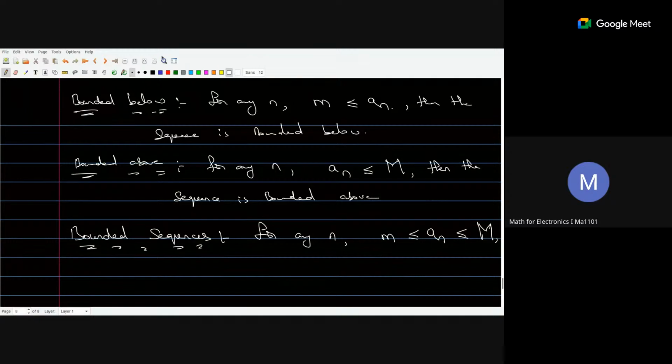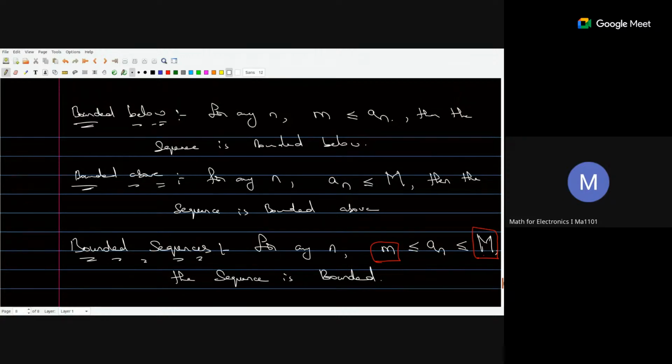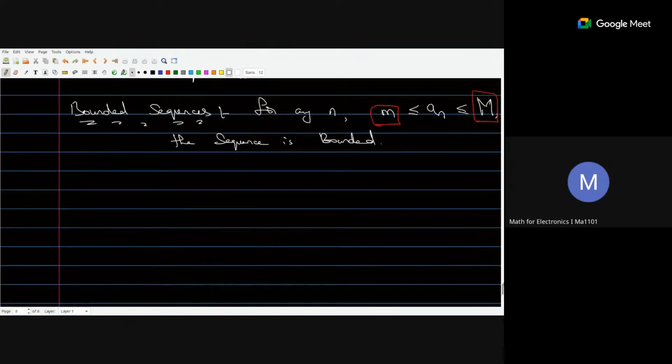So if there exist values m and M like this, then the sequence is bounded. Okay. So you can take this as an example: (-1/2 plus (-1)^n / n) is a bounded sequence.